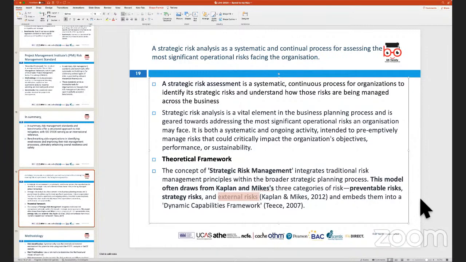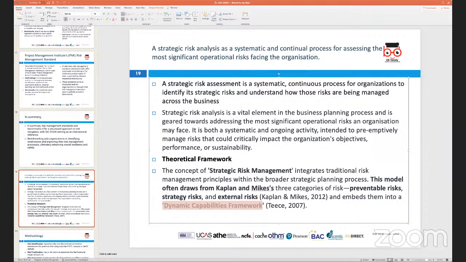And this is then embedded into what is called the dynamic capability framework, which was proposed by ATHE. This framework allows the company to manage strategic risks as a systematic and continuous process, wherein it can look at reducing any operational risks in the long run that it could face while producing, manufacturing, or providing services to its customers.